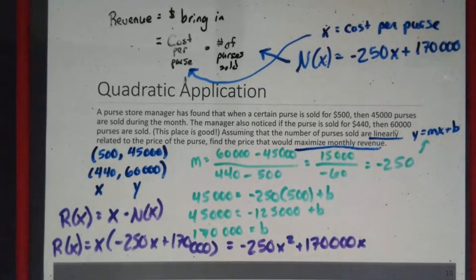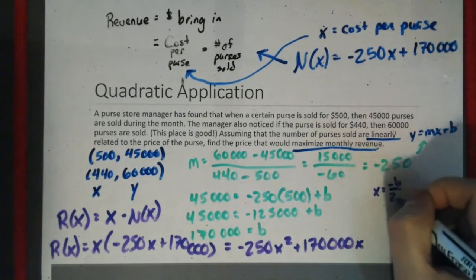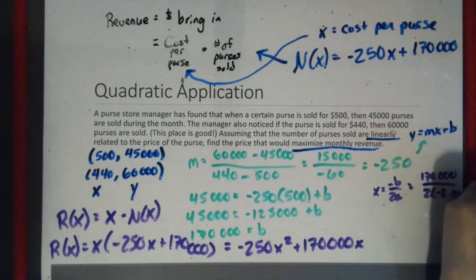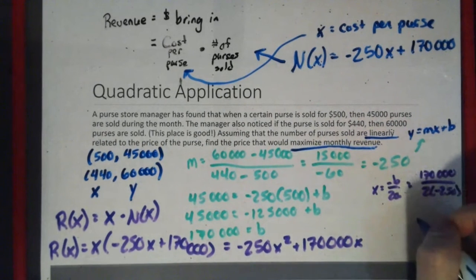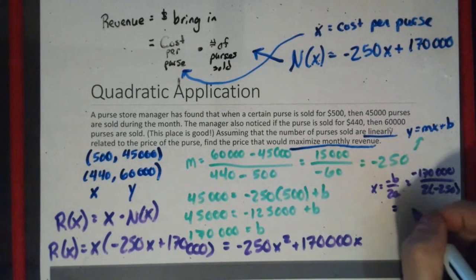We want to maximize this. If we're trying to maximize, we are looking for the vertex. Vertex is x equals negative b over 2a, which will be 170,000 divided by 2 times negative 250. Oops, I forgot my negative in the numerator.